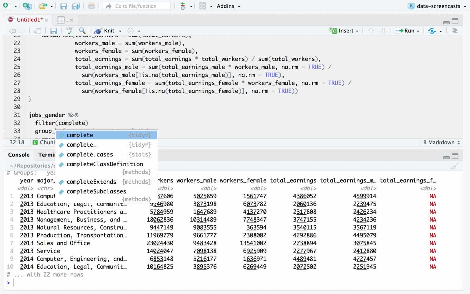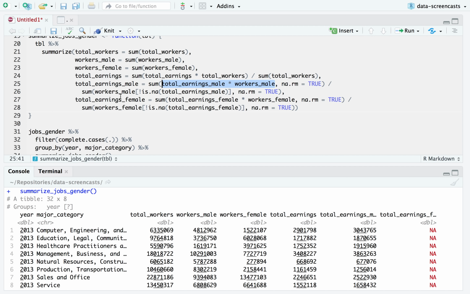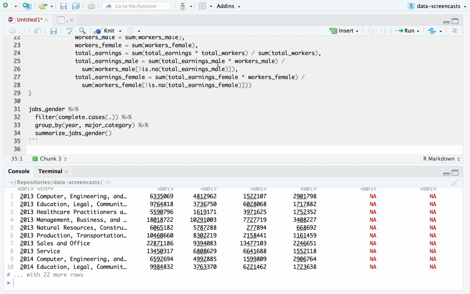Total earnings times this. And if I removed each of these, where is, it would be, I do need to add NA.RM true here.